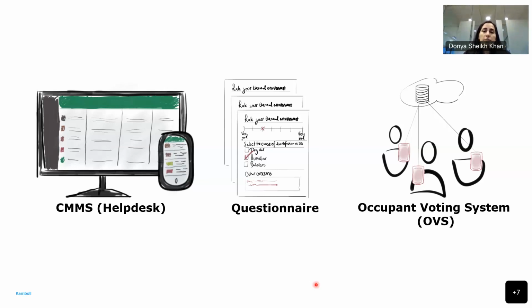And therefore, the concept of participatory sensing systems, or especially in relation to buildings, occupant voting systems, becomes interesting as we try to utilize some simple technologies to get very simple feedback from occupants in a more continuous, here and now way.